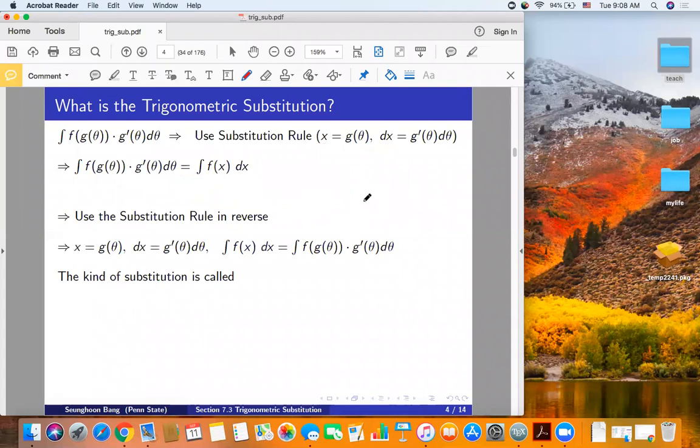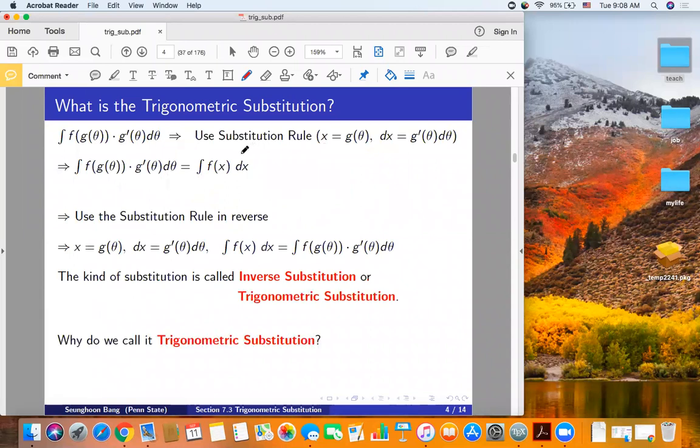This kind of substitution is called inverse substitution because this is the substitution rule going backward. We call it inverse substitution or trigonometric substitution. Why do we call it trigonometric substitution? Because g of theta is a trigonometric function. This is the reason. You can usually choose a sine function, tangent function, or secant function.